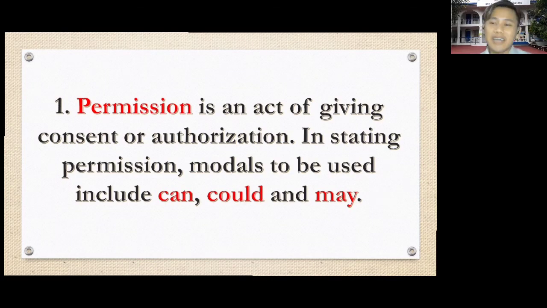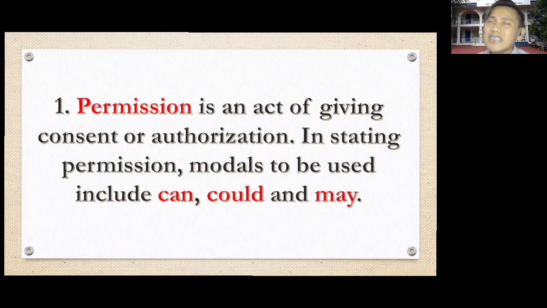Like what I said a while ago, permission is an act of giving consent or authorization. Whenever we state permission, we use the following modals. We have three: can, could, and may.